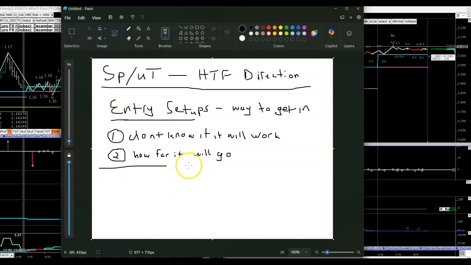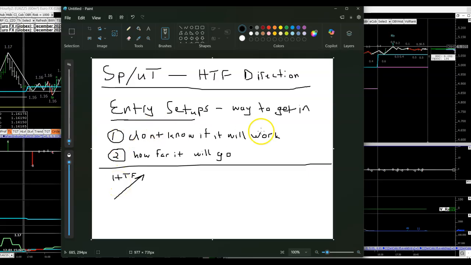So that's why we look for markets already going up on a higher time frame, because we don't know if it's going to work. So why try to figure that out when you can just pick a market that's already going up?